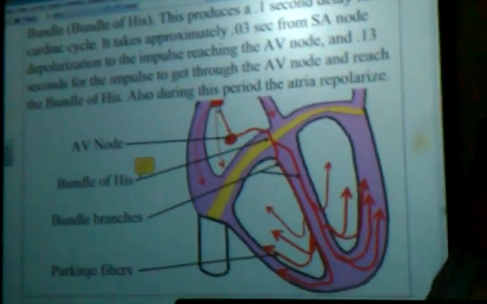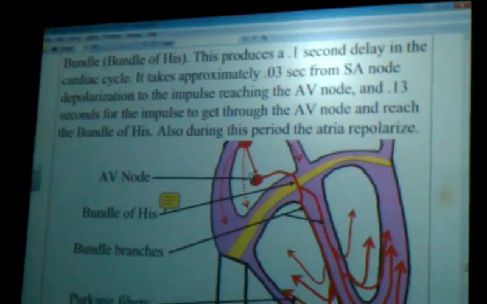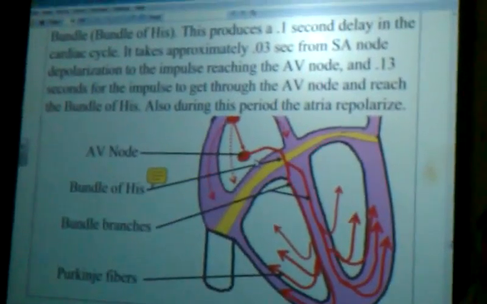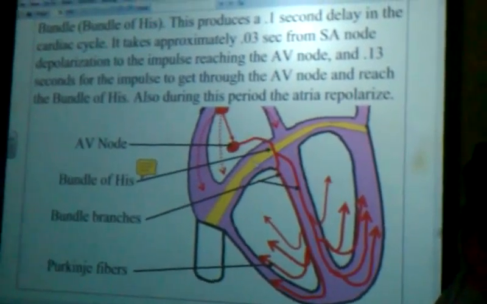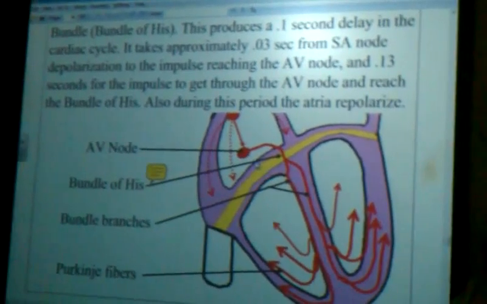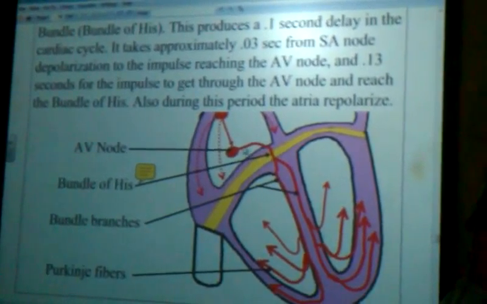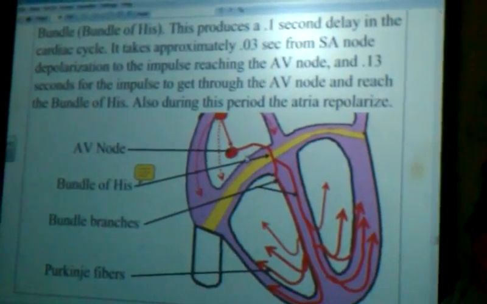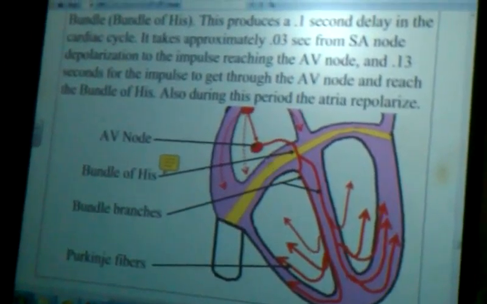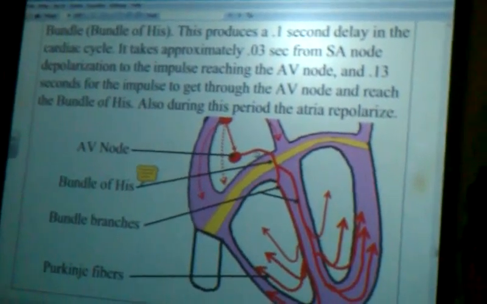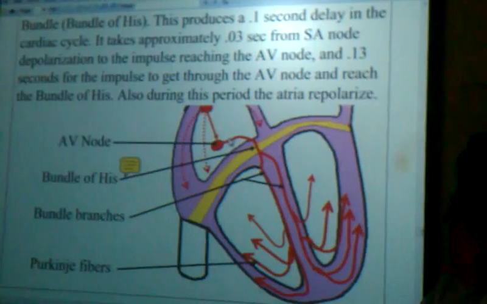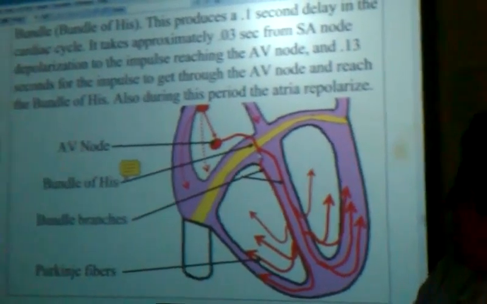The signal will then be passed to the next structure of myonodal cells called the AV node. That actually AV node should be sitting right over here. And that AV node stands for atrioventricular node because it sits between the atria and the ventricles. And this augments the signal and then passes it through a line, this line right here, which crosses the fibrous septum. This is called the bundle of His.